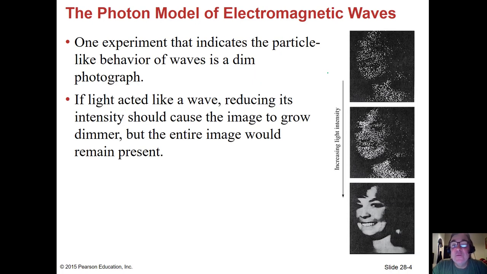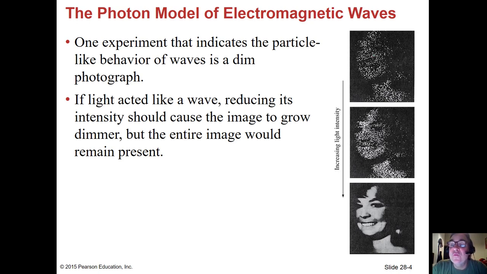Okay, and here's one experiment that shows this. If you see here on the right-hand side, the intensity is increasing as we go down. If light were behaving as a particle, this looks like you're just throwing a bunch of stuff against the screen, and here you're throwing more, and here you're throwing more. That's an example of light behaving as a particle.